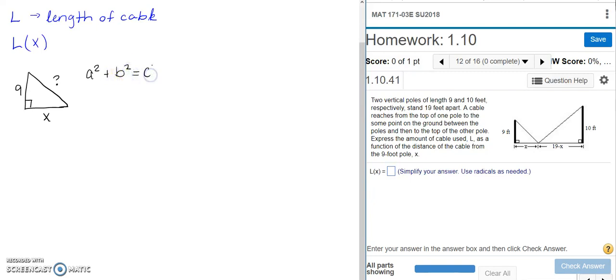This is something they're expecting you guys to know from a previous math class. So 9 squared plus x squared equals c squared, whatever that is. If I simplify this a little bit, and then I just want c, I don't want c squared, so I square root both sides.